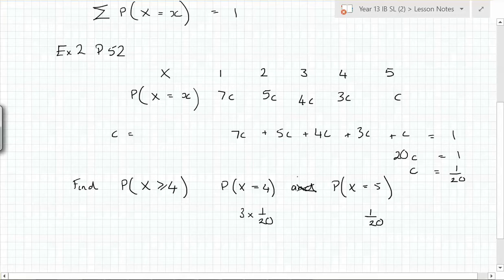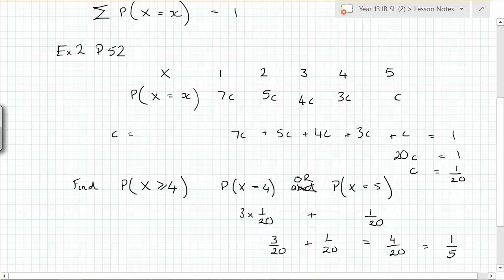We're saying it can be 4 or it can be 5. So now we've got the correct word. That means we know what to do with the middle, which is add them together. So we've got 3 over 20 add 1 over 20 gives us the answer 4 over 20, which simplifies to 1 over 5.